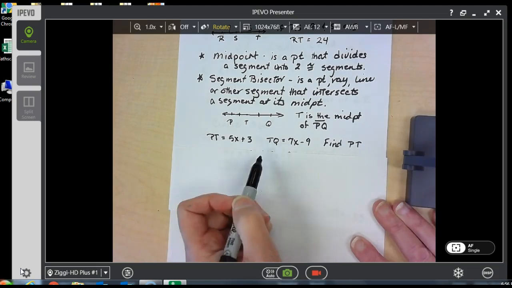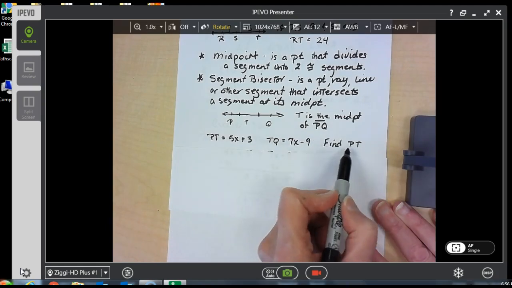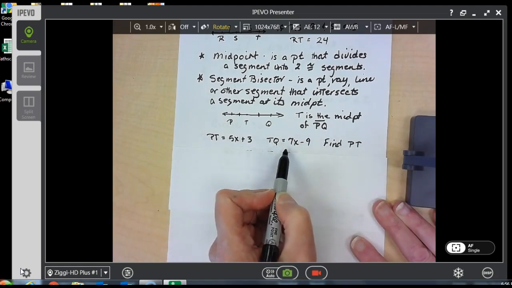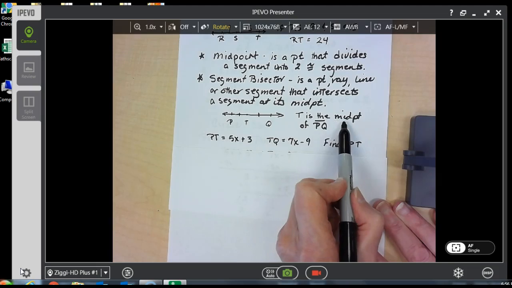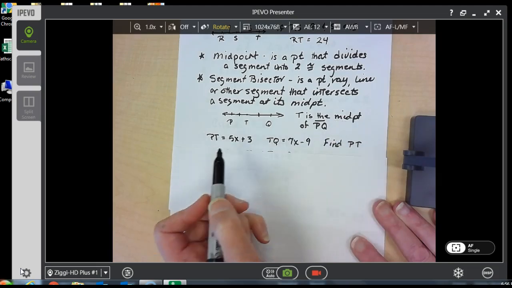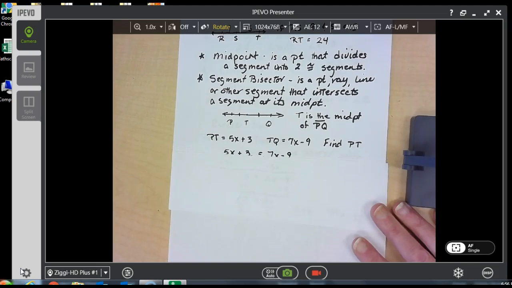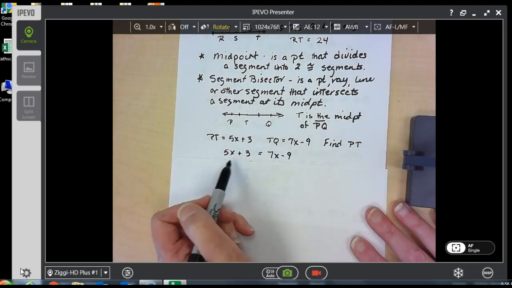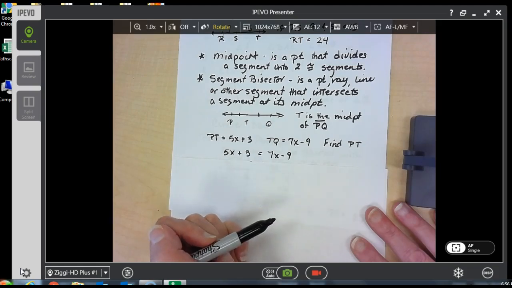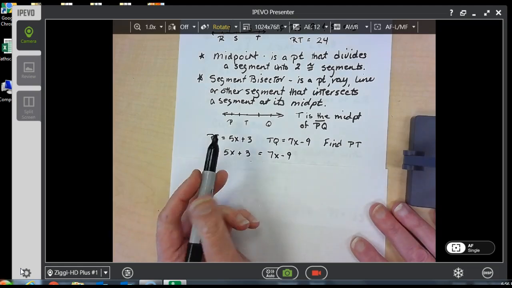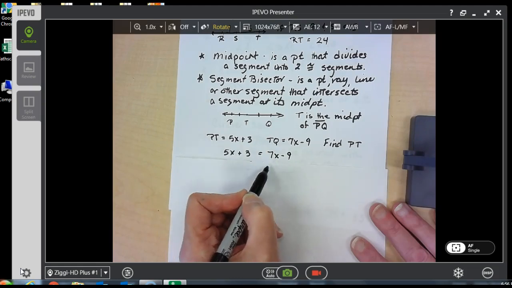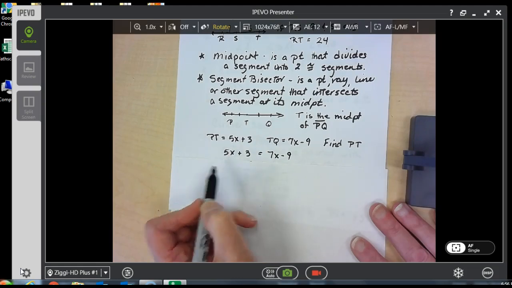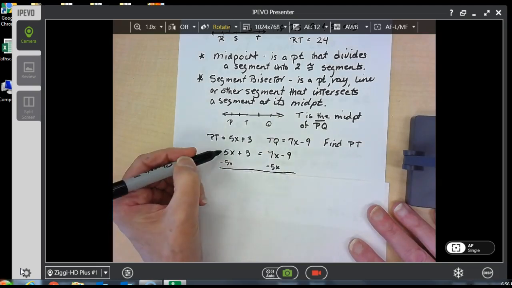So, even though we know both parts, it doesn't help us unless we go back to the midpoint. The midpoint divides it into two equal segments. So knowing that these segments are equal, we put them equal to each other and we have an algebraic equation. They don't want us to forget algebra throughout the year, so they're constantly going back and putting it in. To solve, I always move my smaller of my variables, so I'd move the 5x, and I had a positive, so I subtracted.